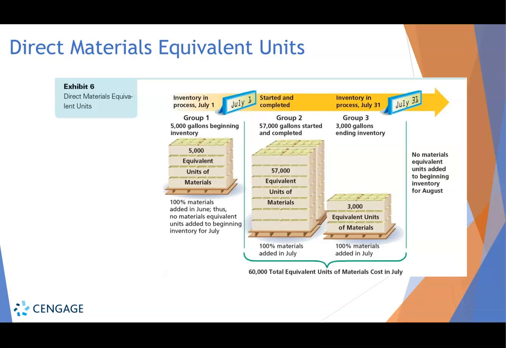But the 3,000 gallons in process on July 31st, this is the Group 3, they're also 100% complete as to materials because all the materials get added at the very beginning of the process. So the equivalent units for the inventory in process on July 31st are 3,000 at 100%, 3,000 gallons.